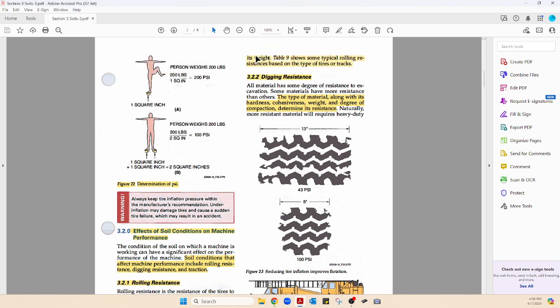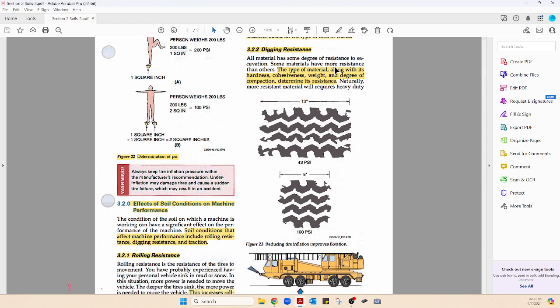And then it says table 9 shows some typical rolling resistance based on the type of tires or tracks and perhaps even the terrain. So let's go back down to table 9.